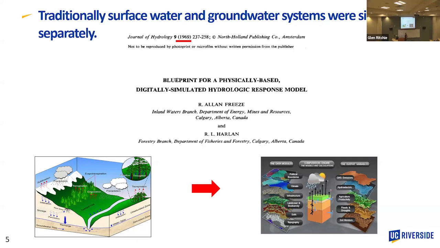They were arguing that surface water and groundwater systems are integrated. We have equations like the shallow water equations for surface flow and the Richards equation for the subsurface, so we should couple these and treat the hydrologic system as an integrated, holistic system.